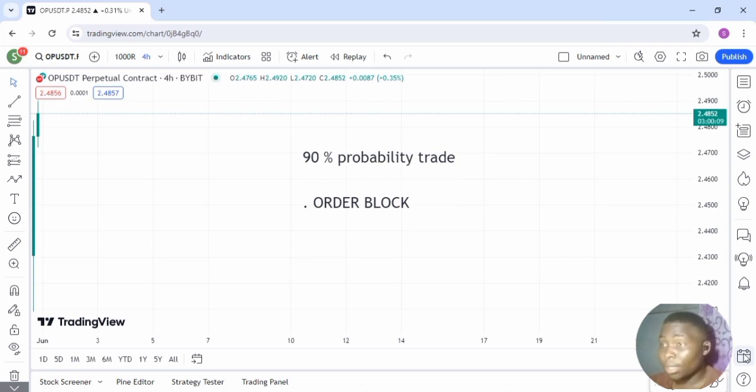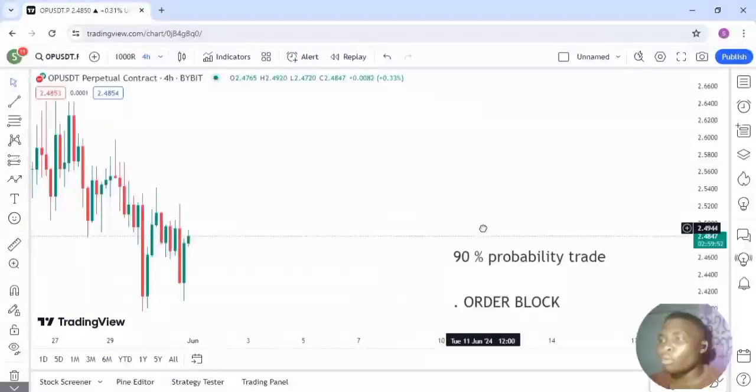There are many, but today we'll be talking about a valid order block that will give you a probability trade, a block where if you trade with it, you are safe. You have nothing to panic about.